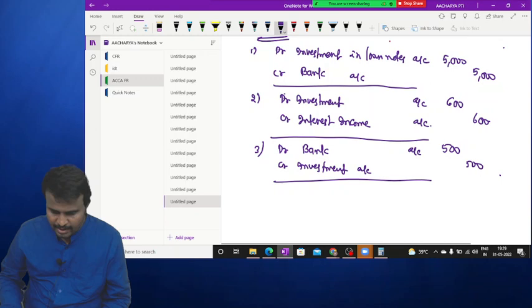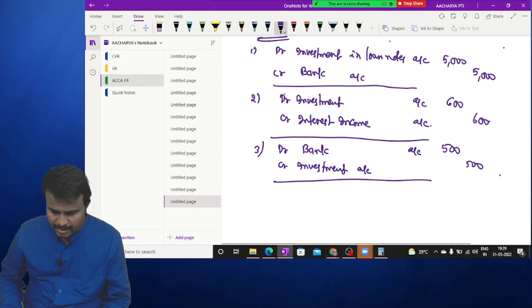Is there any transaction cost? No transaction cost is there. Even if there is a transaction cost, we don't consider it, because we follow the default approach. Then what is the fair value on 31st December? 4.90 into 10,000 shares is 49,000.